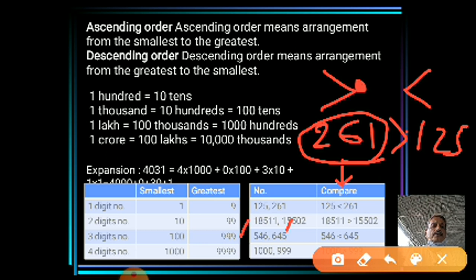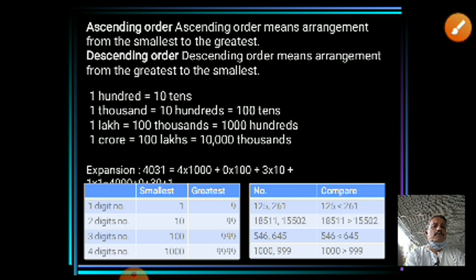Yes. Now the third one, 546 and 645. The digits are the same, 4, 5, 6, but the first digit, that means on the left side, whoever is bigger, that number is bigger. So 645 is bigger than 546. Now the last one, 1000 and 999.